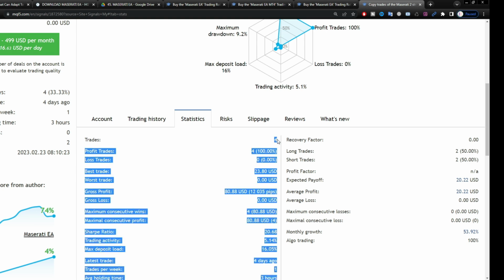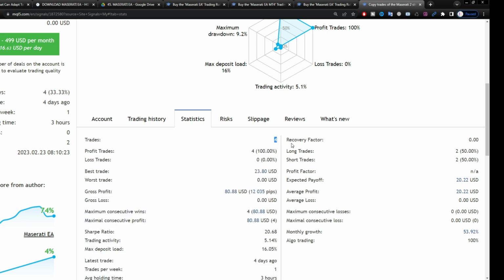Statistical information. A total of only 4 new trading transactions, and all of them are closed with a profit, so the current profit ratio is at 100%. The resulting profit factor has not been read.